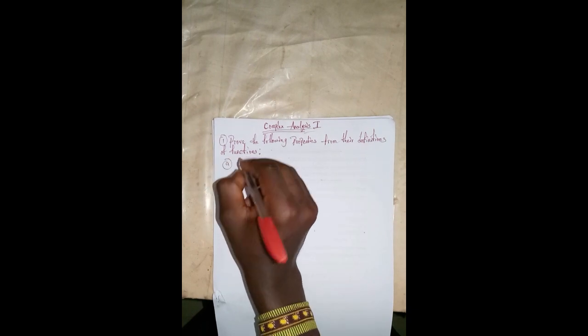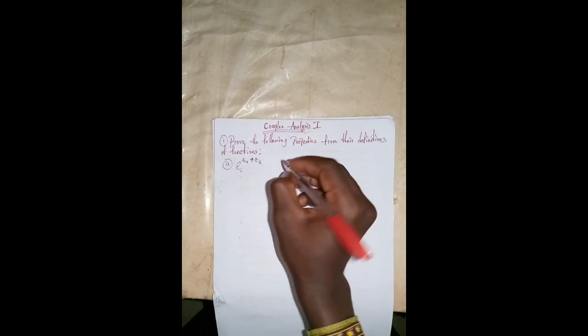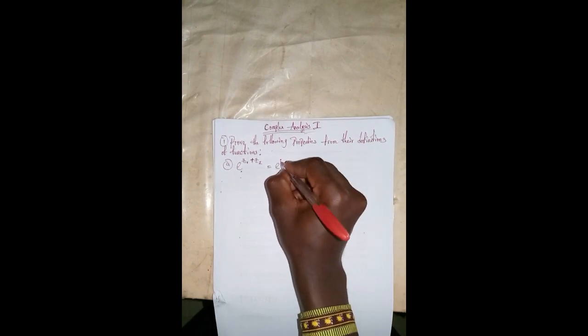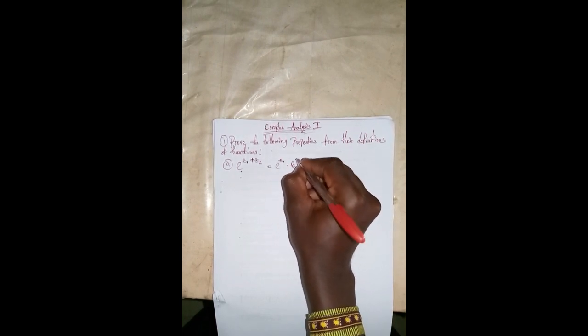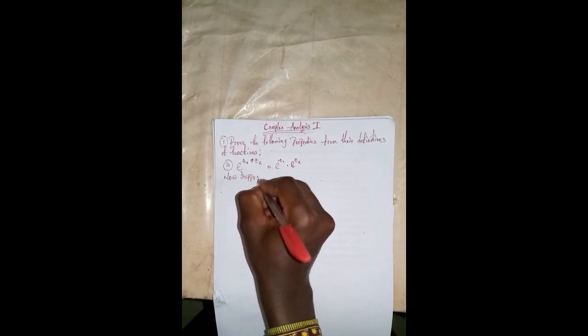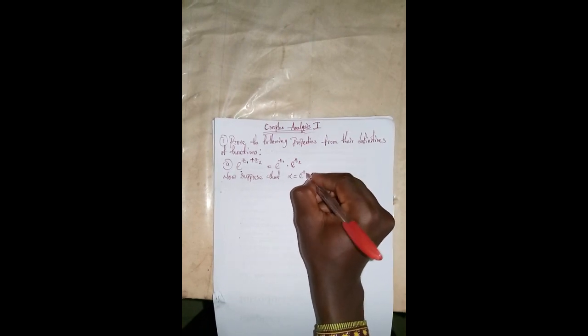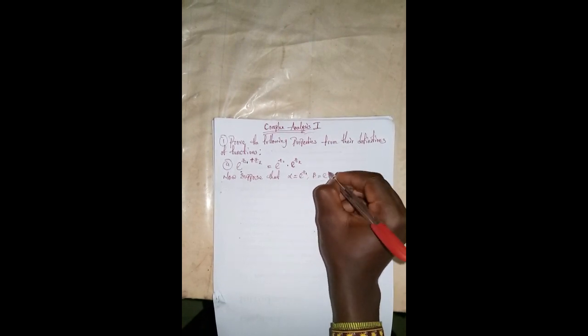The first one we'll be looking at is e raised to the power of z1 plus z2, which is equal to e raised to the power of z1 multiplied by e raised to the power of z2. Suppose that alpha is equal to e raised to the power of z1, beta is equal to e raised to the power of z2, and gamma is equal to e raised to the power of z1 plus z2.